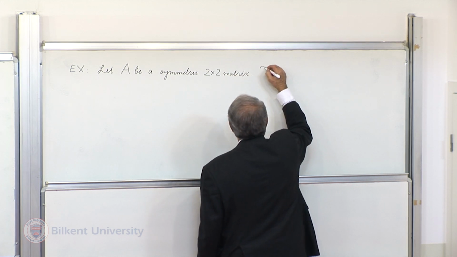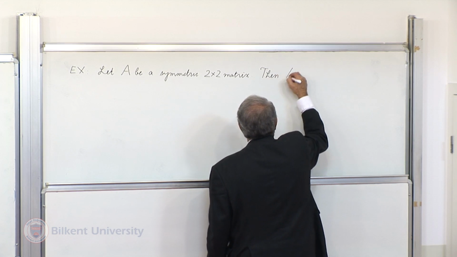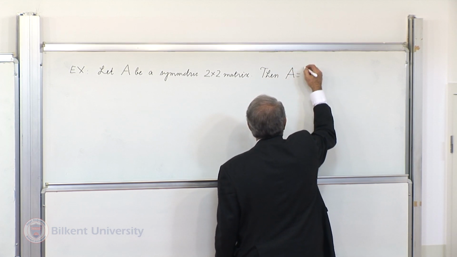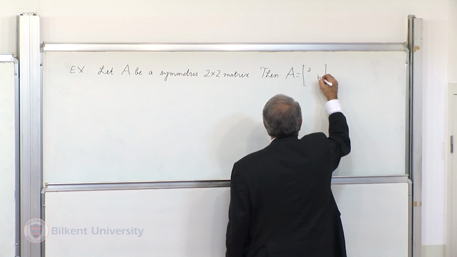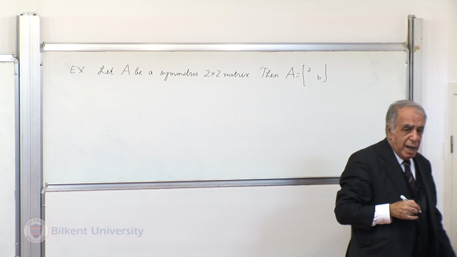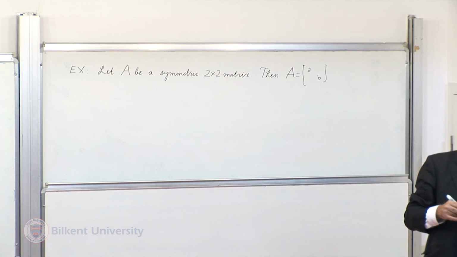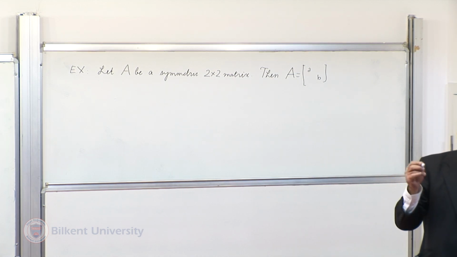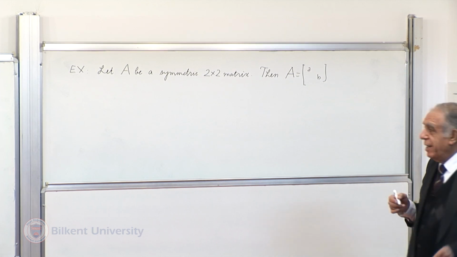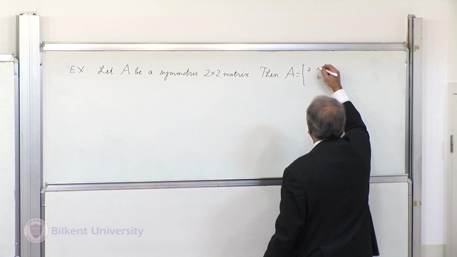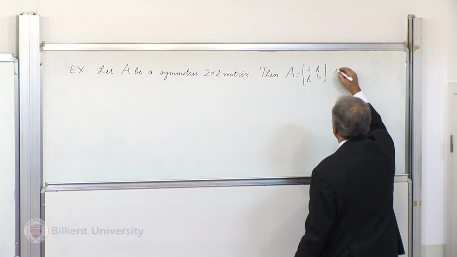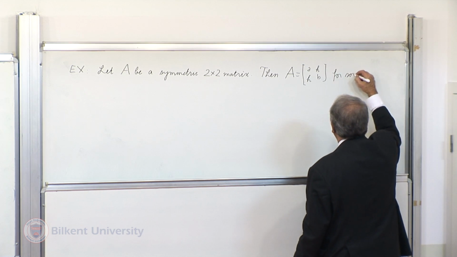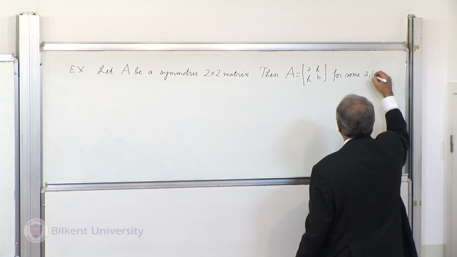Well, then symmetry will impose nothing on the diagonal, because a_ii is equal to a_ii no matter what it is, but A12 and A21 have to be equal to each other.